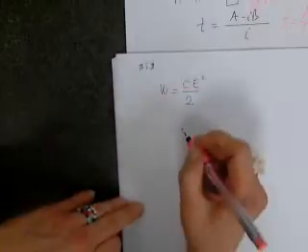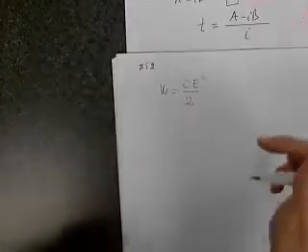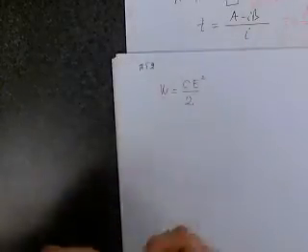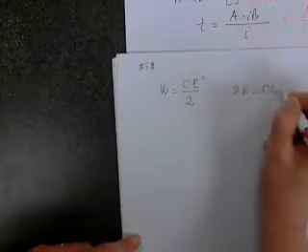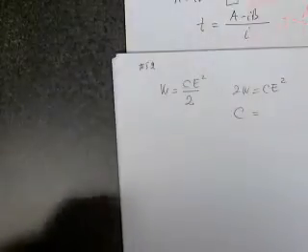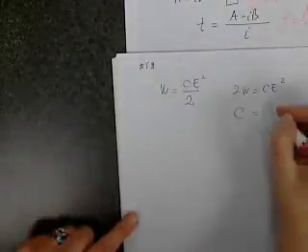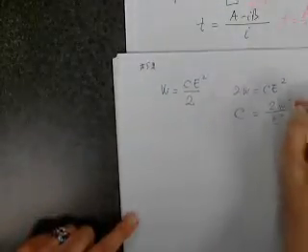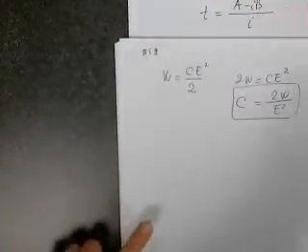Almost all of them. So then what do I have? Yes, equals 2W equals CE squared. I'm solving for C. What should I do? Yes, Freddie? Divide both sides by E squared, of course. C equals 2W divided by E squared. Done.